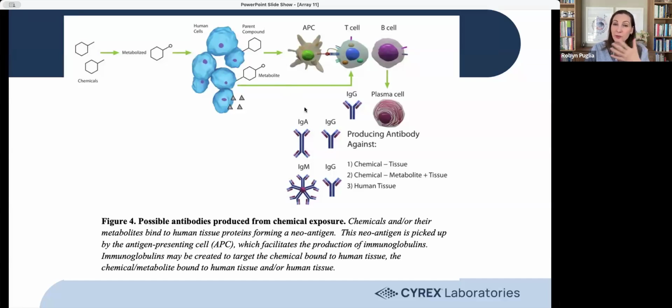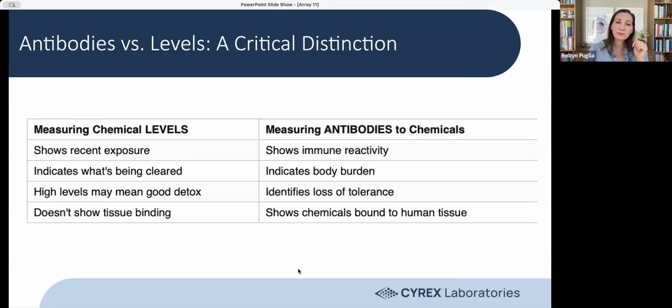So now we're having stranger danger responses to our own tissue because it is wearing a chemical like a disguise. This then sets up an antibody response over time, and now we're making autoantibodies to that tissue. And this is one of the very well described, very well understood initiating mechanisms of autoimmune disease.